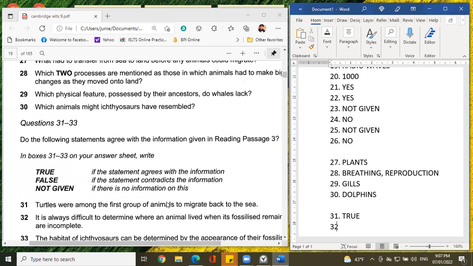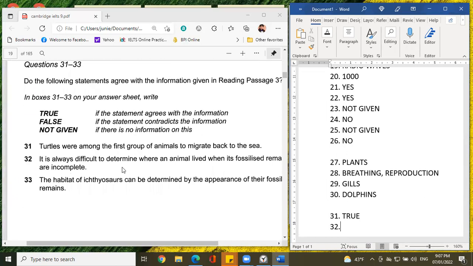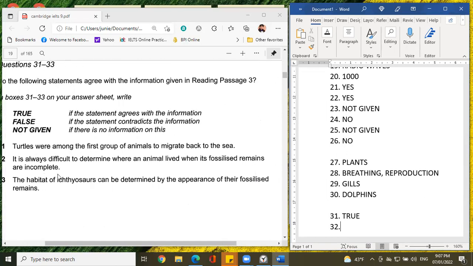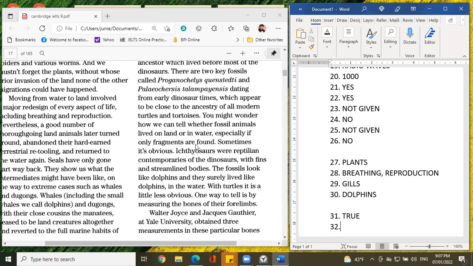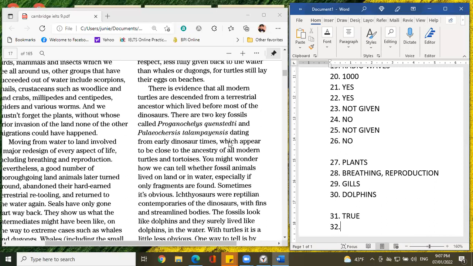Okay. And then, it's always difficult to determine where an animal lived when its fossilized remains are incomplete. Mali yata. Nandito yun eh, oh. Ayun, oh. You might wonder how we can tell whether fossil animals lived on land or in water, especially if only fragments are found.